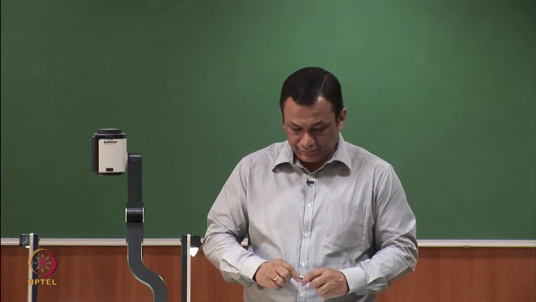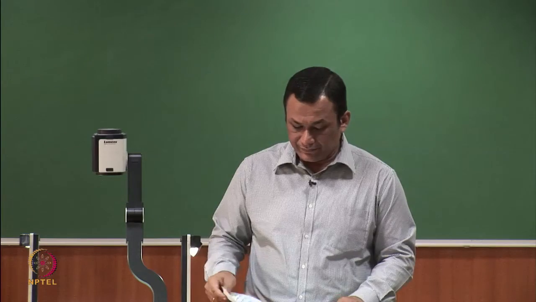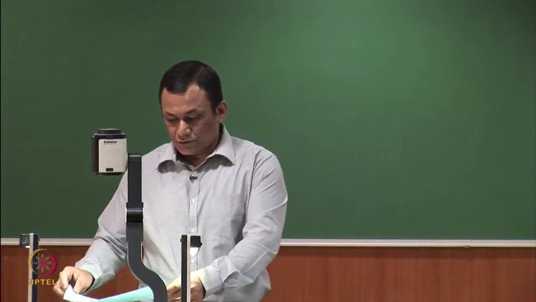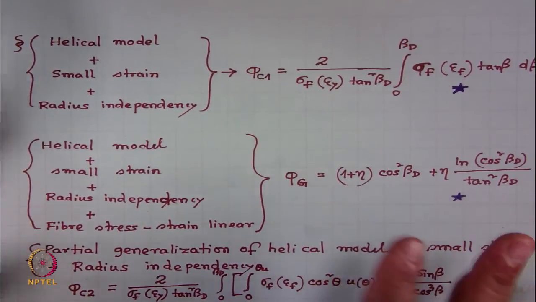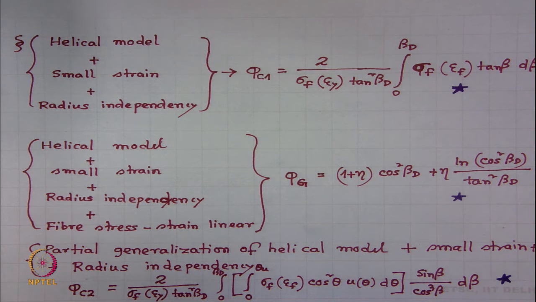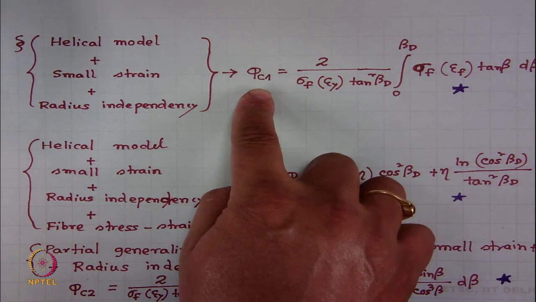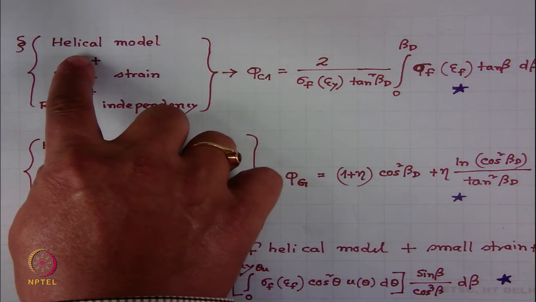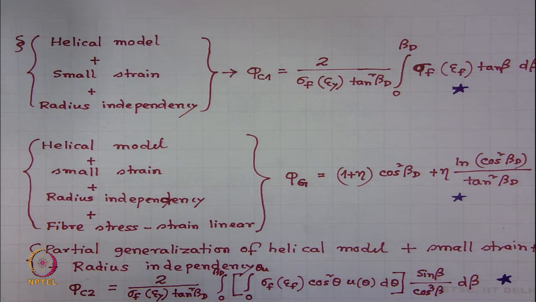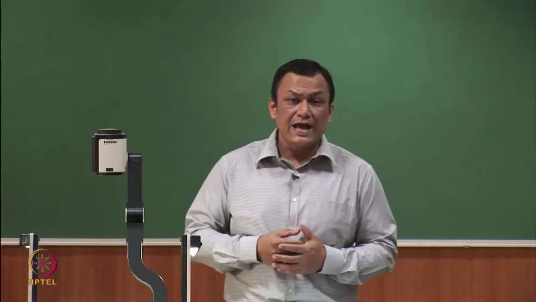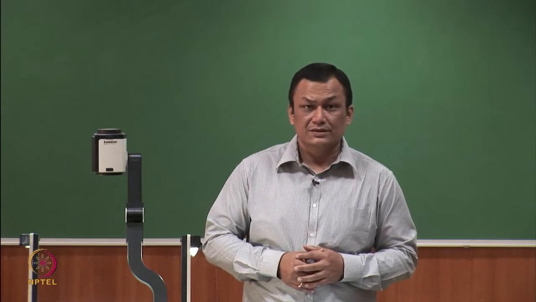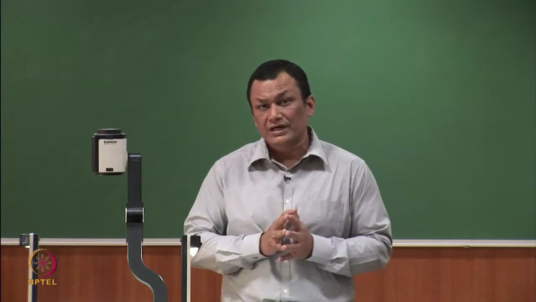Now, if you go back, the hint of the answer is here in this slide, in this paper. Phi subscript C1 is based on the pure helical model. In the pure helical model, the fiber configuration is perfect. However, in reality, in an actual yarn, fibers are not so perfectly organized.